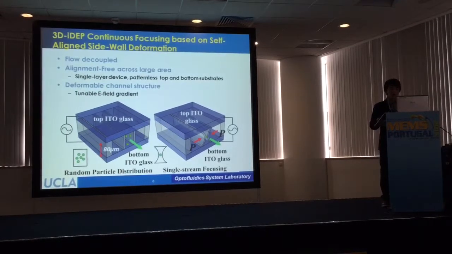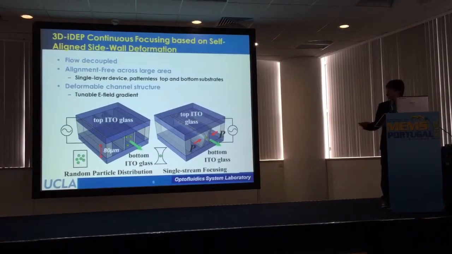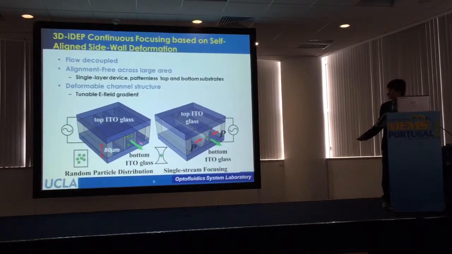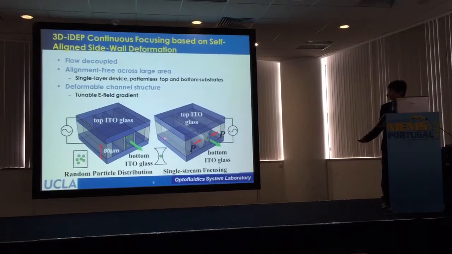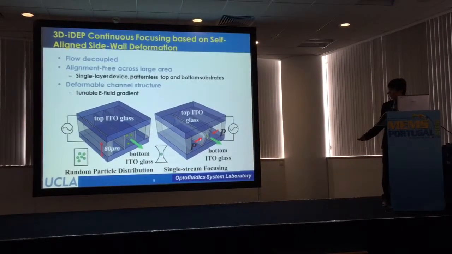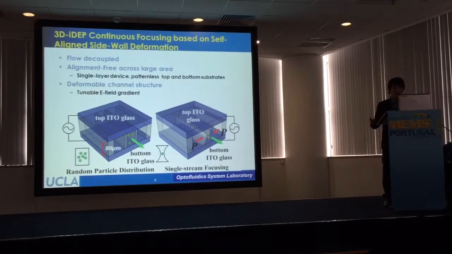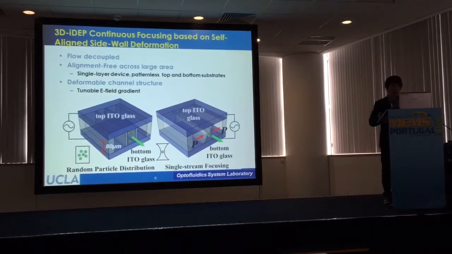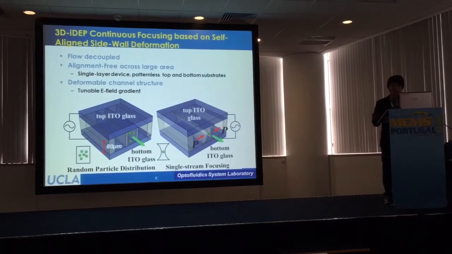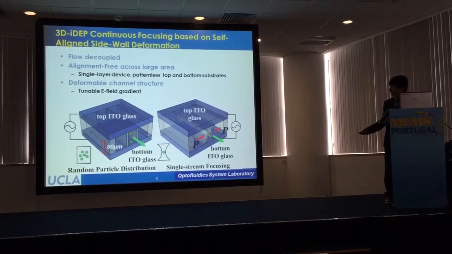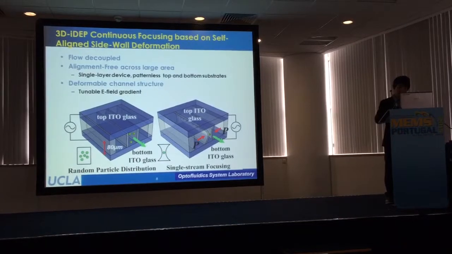Third, the simple channel is deformed by two high-aspect-ratio sidewalls formed by PDMS. So once you apply pressure at the sidewall, you can deform the channel to change the cross-sectional geometry of the channel. So changing the cross-section geometry of the channel is what changes the maximum E field gradient line right at the center of your channel.